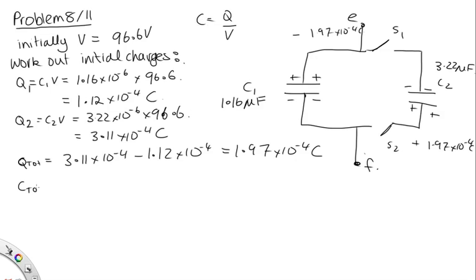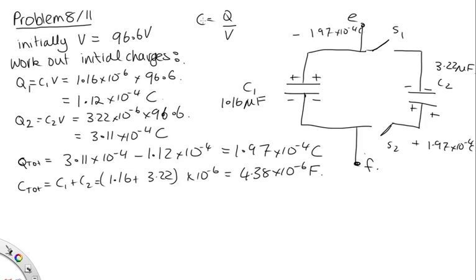Well, C total, these are in parallel, so it's just C1 plus C2. So it's 1.16 plus 3.22 times 10 to the minus 6. And so solving that on the calculator, you should get 4.38 times 10 to the minus 6 farads.